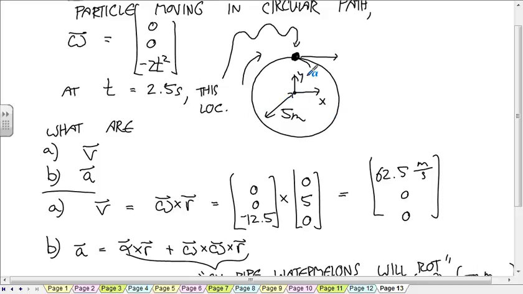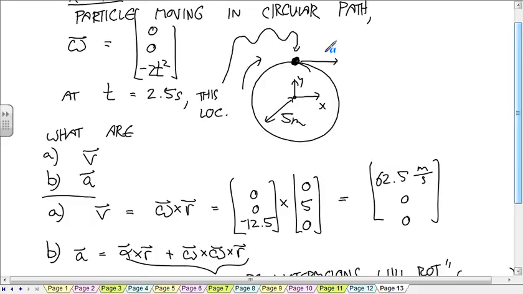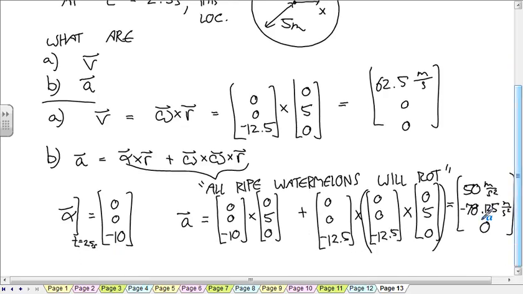We know it's speeding up. Because of where the particle is in the circular motion, the centripetal acceleration needs to be in the negative y direction, and we have that. And since it's speeding up, the acceleration has to be in the same direction as the velocity vector, and we have that too. So that makes sense, roughly.